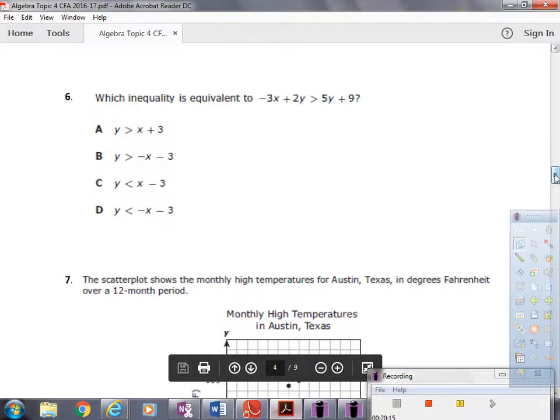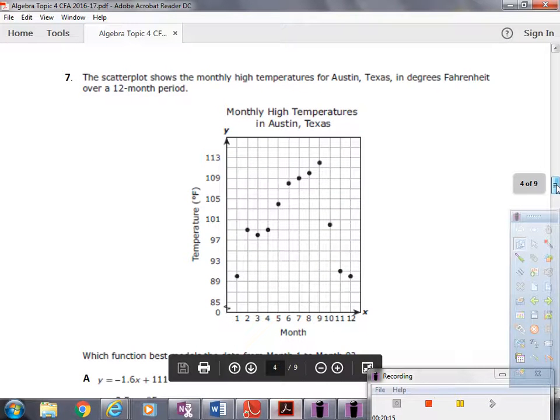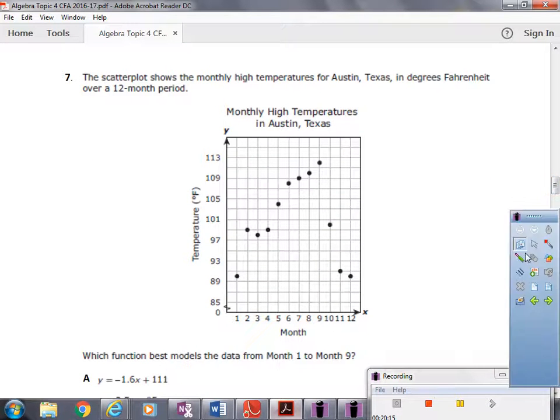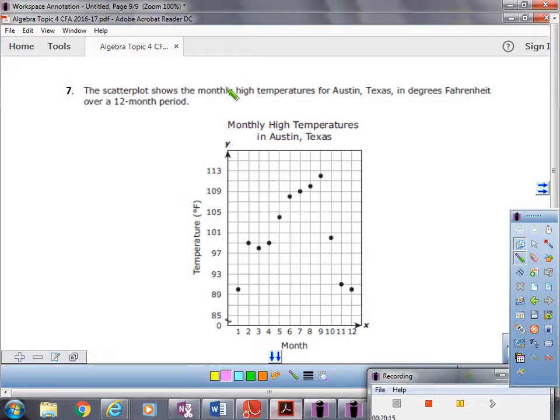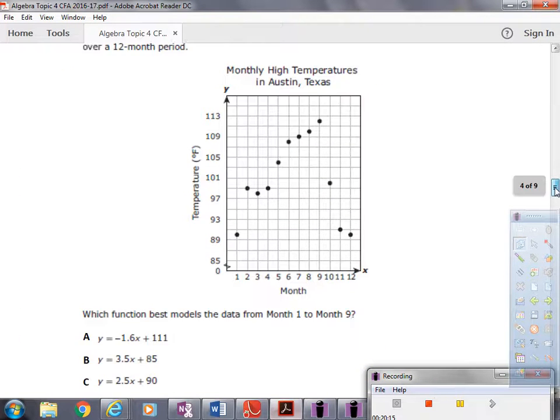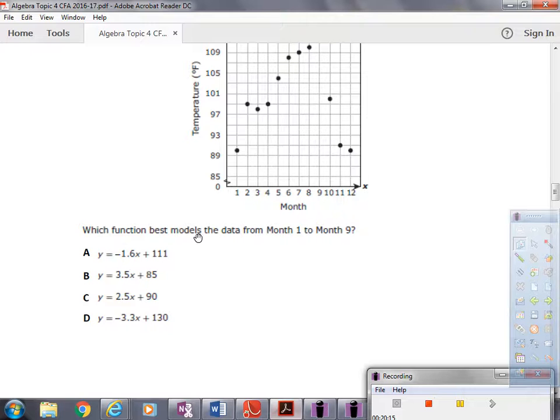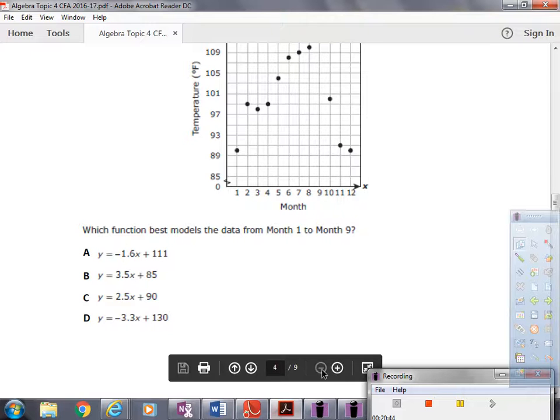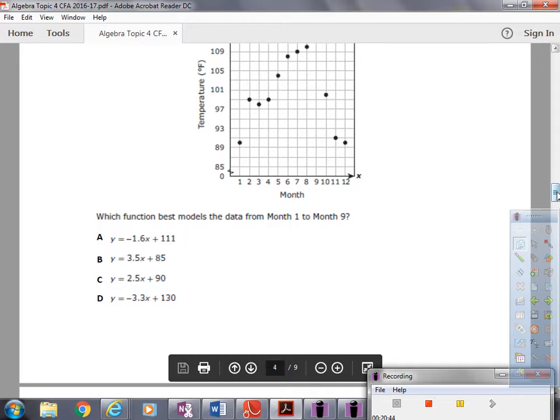I'm sorry, number 7. Here the scatter plot shows the monthly high temperatures for Austin, Texas, in degrees Fahrenheit over a 12-month period. They give you a little graph here. You look at your x-axis, those are the months. You look at the temperature, it's in Fahrenheit. The question says, which function best models the data from month 1 to month 9?